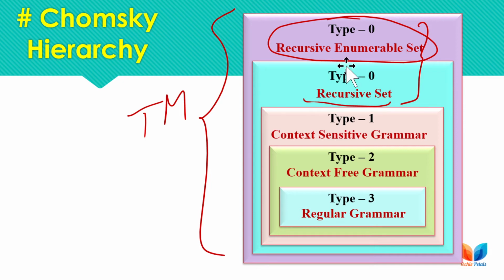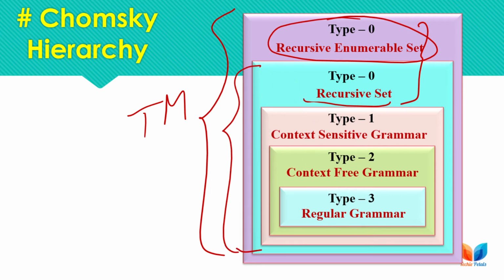All the languages under the recursive set will have a Turing machine that halts for any input, meaning for any input the Turing machine will always give you the result.